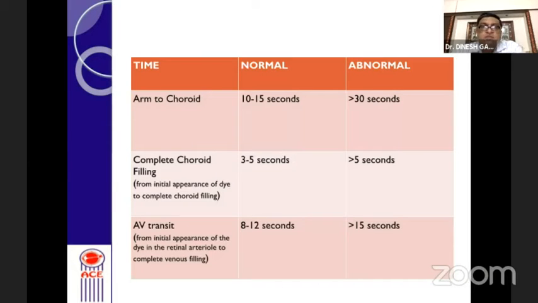Arm to choroid time is about 10 to 15 seconds. Complete choroid filling takes another 3 to 5 seconds, and the arteriovenous transit time is 8 to 12 seconds. So in about half a minute or 30 seconds, most of the procedure is over, and after that we just take the recirculation phase and the late phase.